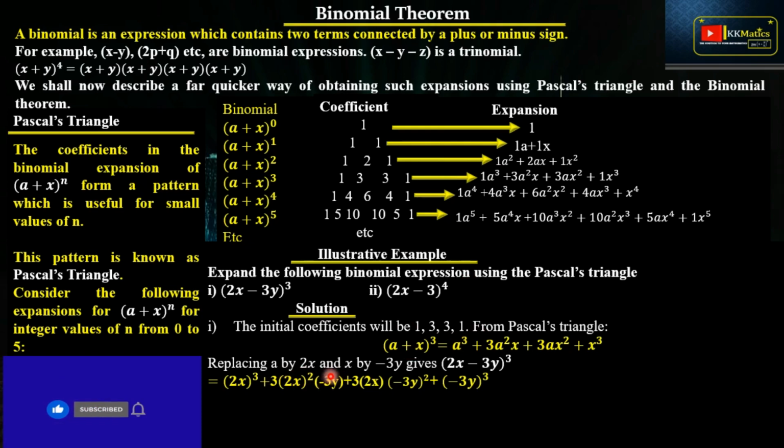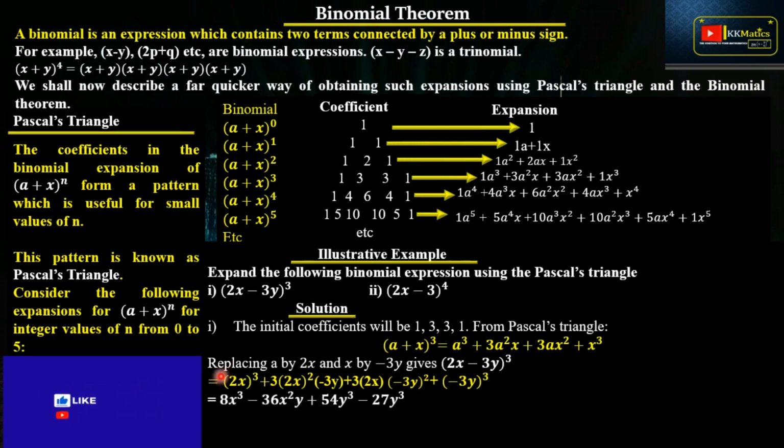Always be very careful with the minus sign. Whenever you are solving a question, make sure you are attentive to where the minus is, because students normally make mistakes with the minus sign. They forget, and that leads them to making mistakes. So that's as you see on your screen there.